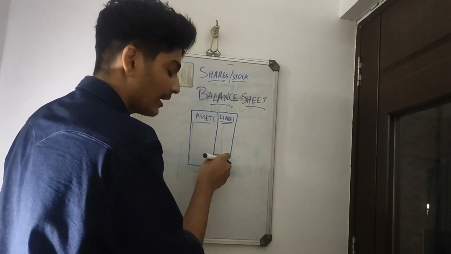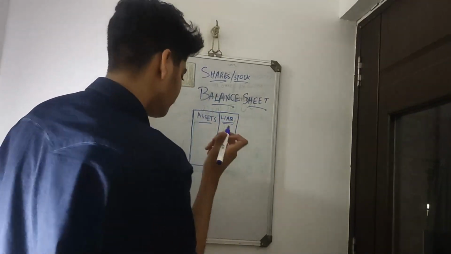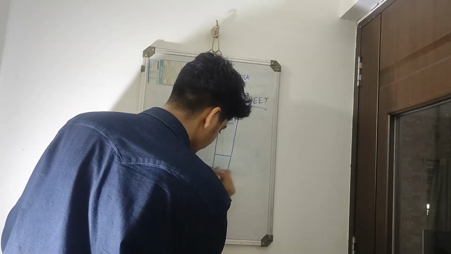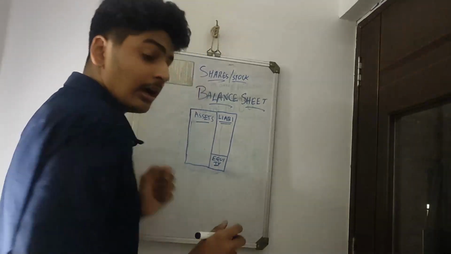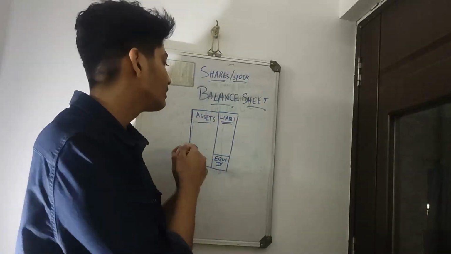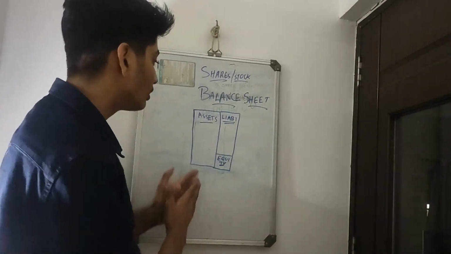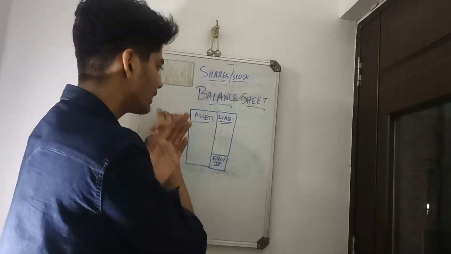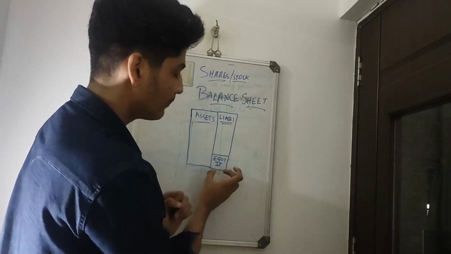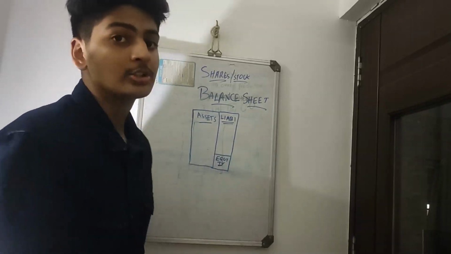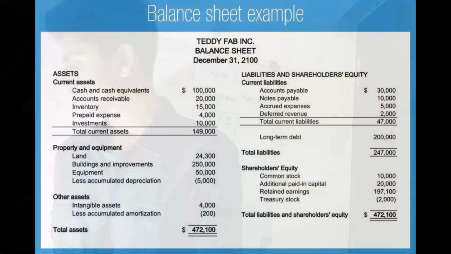And on the bottom right hand corner, you have the equity. Now this is literally how a balance sheet looks like. So on the left hand corner, they make a box and write the assets, and the right hand corner the liabilities, and the bottom right hand corner the equity. So what does all this mean?